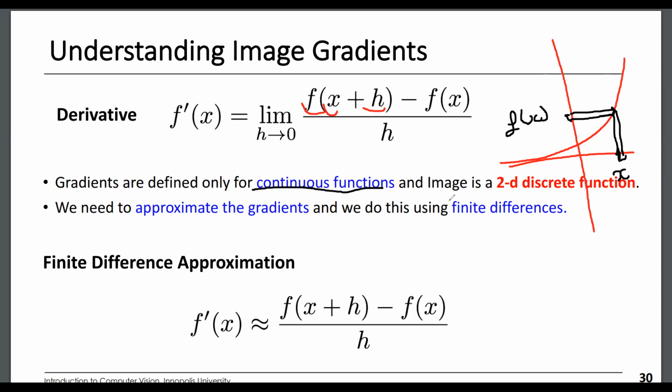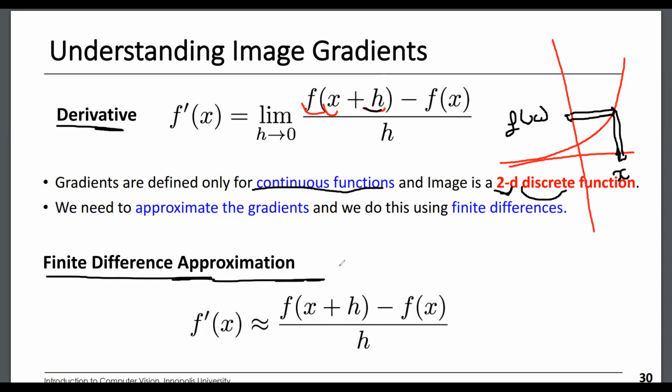But the very big problem of our image is that it's 2D, this is the first problem, and it's a discrete function. So this is why we can do something called the finite difference approximation, which is kind of like a derivative, but in this case, h is not super small. h is actually a value, right?